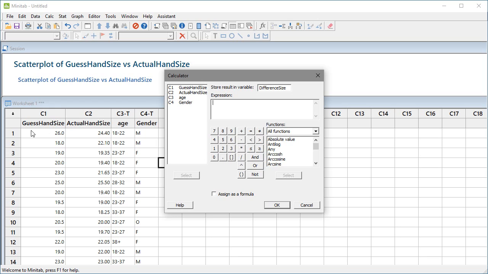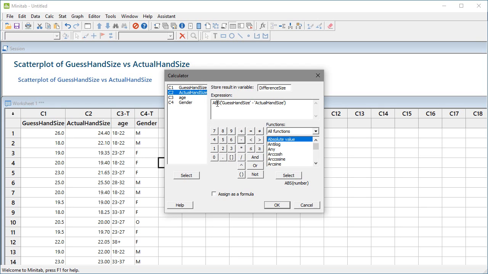The big thing is we want the difference between the two of them, but we don't really care if it's positive or negative. So we're going to use the absolute value, and where it says number, we're going to delete that out and instead put the guess hand size minus the actual hand size, and then click OK.